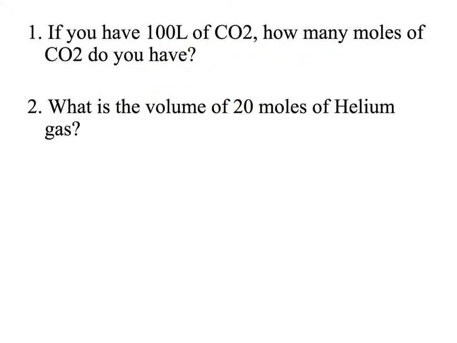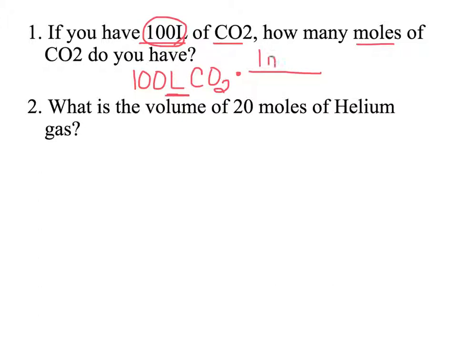Okay, here are 2 more practice problems. This time you have 100 liters of carbon dioxide, and they want to know how many moles you have. So they're telling you how much space it takes up, and they want to know how many moles it is. We're given 100 liters of CO2 times, and we want to cancel liters, so 1 mole of CO2 takes up 22.4 liters of space.